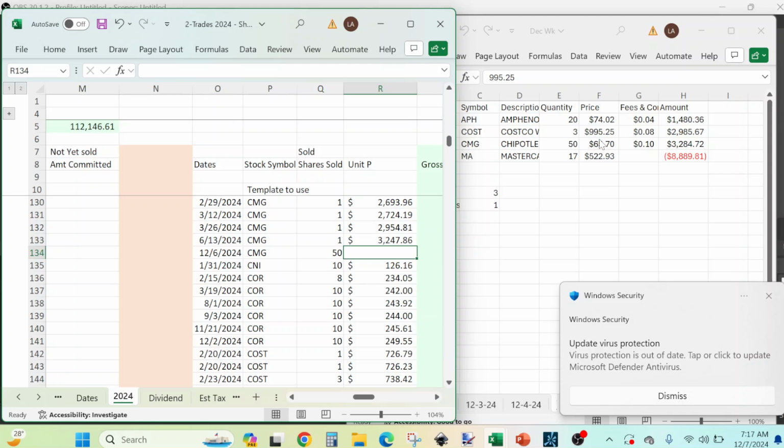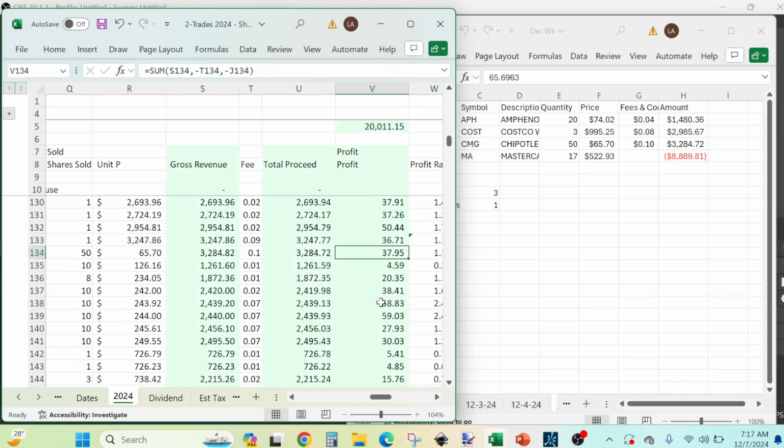And the fee is 10 cents. We made $37.95. So when it has some profit, we just prefer to sell it and get out of it because we have had it for a while. So it was like 1.17%.